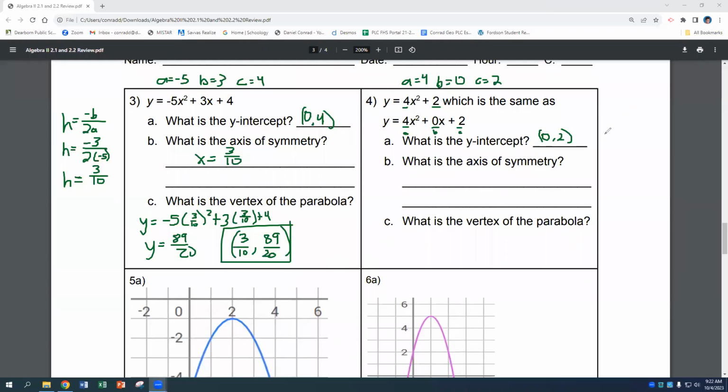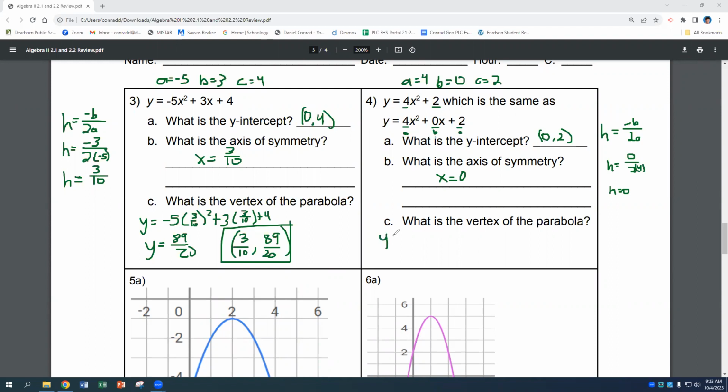All right, to find the axis of symmetry, we need to do h equals opposite of b over 2a. So that's going to be 0 over 2 times 4, which is 0 over 8, which is just going to be 0. So my axis of symmetry is x equals 0. And we already know when you plug 0 in for x, we're going to get 2, right?